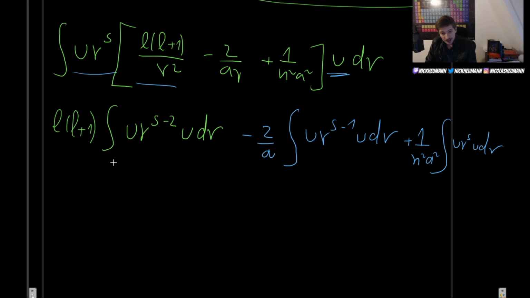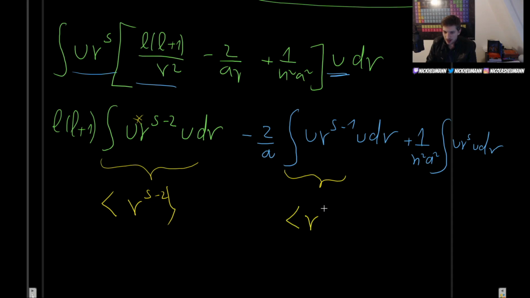And well, now if we take a look at this right here, it is simply the expectation value of r to the s minus 2. It's literally the definition of it. Maybe you can write it with the complex conjugate if it makes it look a bit more intuitive to you. And this right here is going to be r to the s minus 1. And this right here is going to be the expectation value of r to the s.